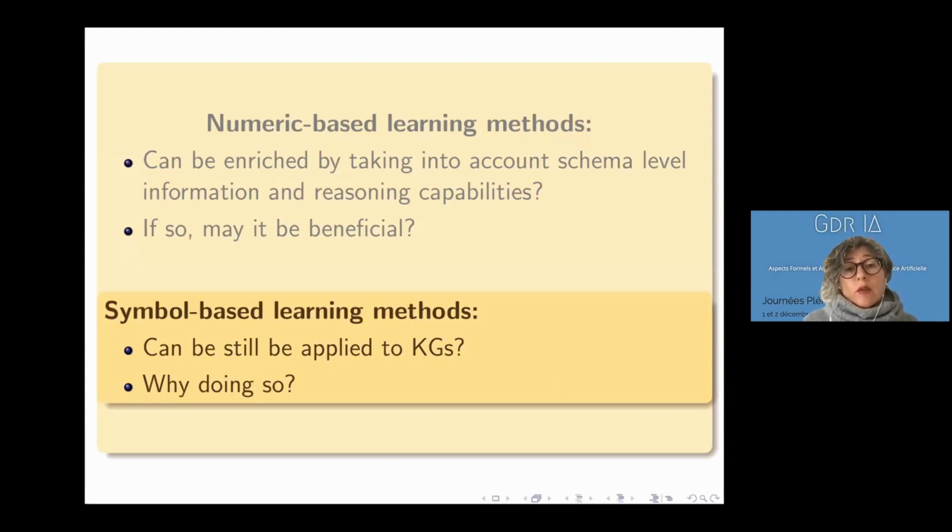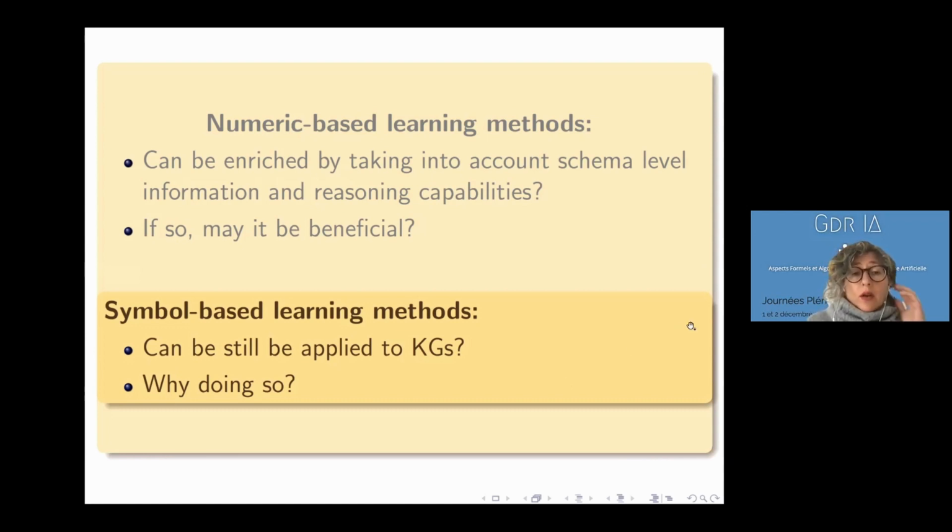Now, given the preliminary lessons learned when we tried to enhance existing numeric-based learning models with background knowledge and deductive reasoning capabilities, which showed that we are able to improve the performances on knowledge graph refinement tasks, let's move on to the category of symbol-based learning models, and let's try to understand if it makes sense to apply them to the existing knowledge graphs.